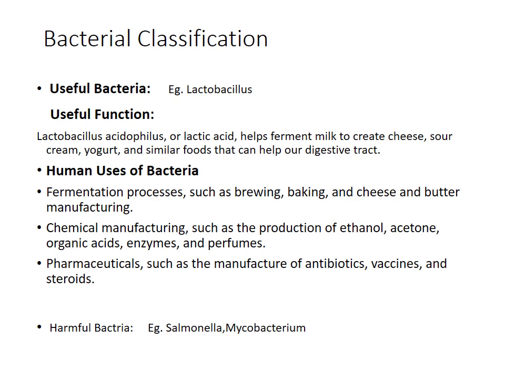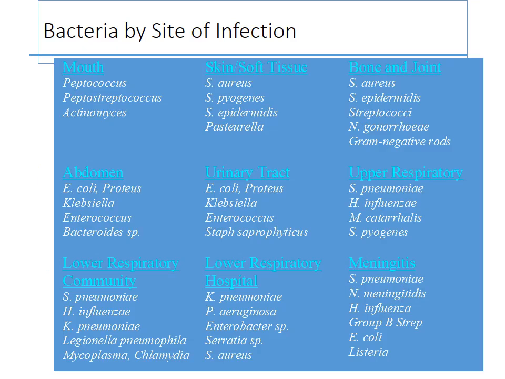They have used lactobacillus for fermentation processes such as brewing, baking, and making cheese and butter. In chemical manufacturing, they have used bacteria for the production of ethanol, acetone, organic acids, enzymes, and perfumes. Pharmaceutical industries also use bacteria for the manufacturing of antibiotics, vaccines, and steroids. So depending upon their usage, these bacteria are classified.